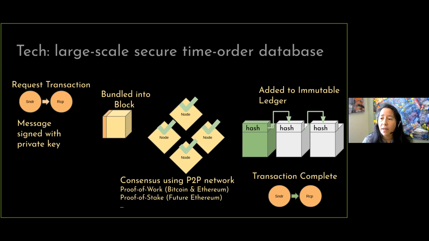Using a hash, it points back to the previous block, which is a way of making sure that these different blocks are always going to stay the same, or be immutable. Once it's complete, the transaction happens, whether it's money or whatever it needs to be.